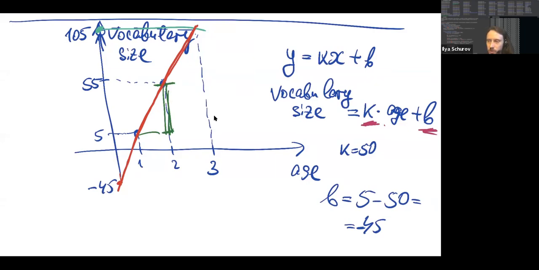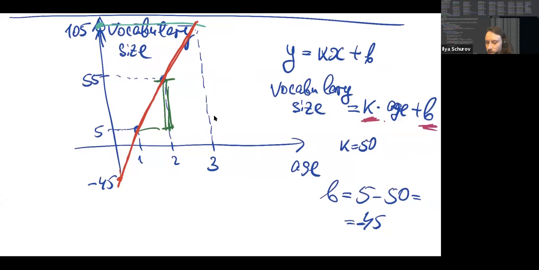So again, if I return to my question about how fast vocabulary size increases with age, the answer for this question is this value k. It is exactly the value that shows how many words our children become familiar with at each year.